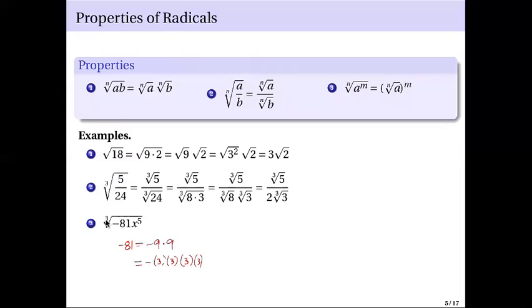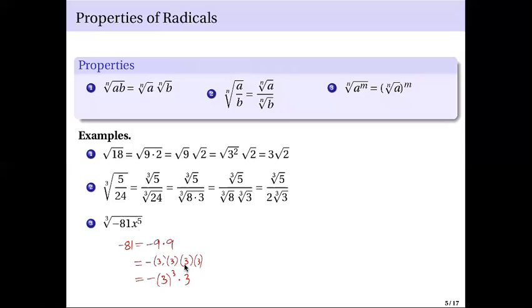And this is cube root. So what we're going to do is to get the three 3's in here. Which means that we can write this negative 81 as negative 3 to the power 3 times 3.